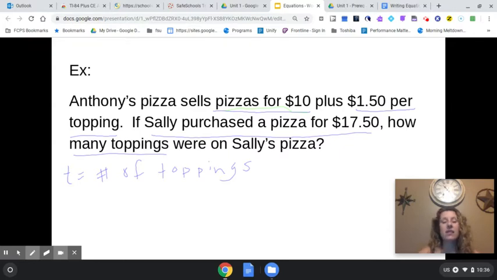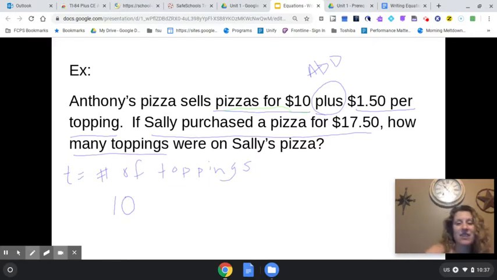So we see that Sally's going to pay $10 for her pizza no matter what. That is the base cost for a pizza. So I'm going to say $10. But then it says plus $1.50 per topping. Hopefully that keyword of plus is clear, but we want to add that to our add column in that little table that I put on that first slide.